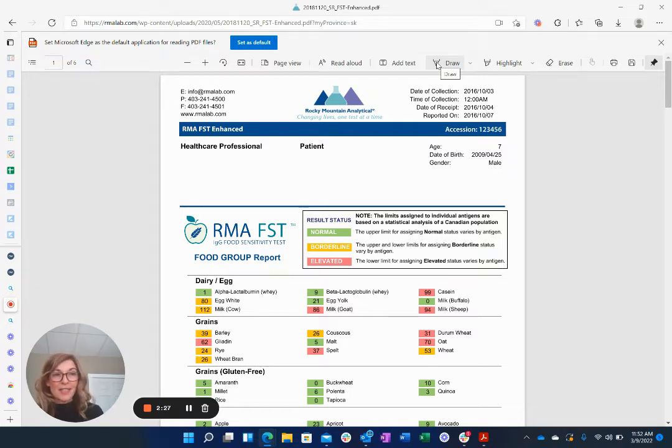A food sensitivity is a delayed hypersensitivity reaction. That means you might not react to the food immediately. There may be no throat closing, no hives, no acute inflammatory response, but there may be a delayed hypersensitivity reaction, and it can take hours to days before you manifest the symptoms of a food sensitivity.